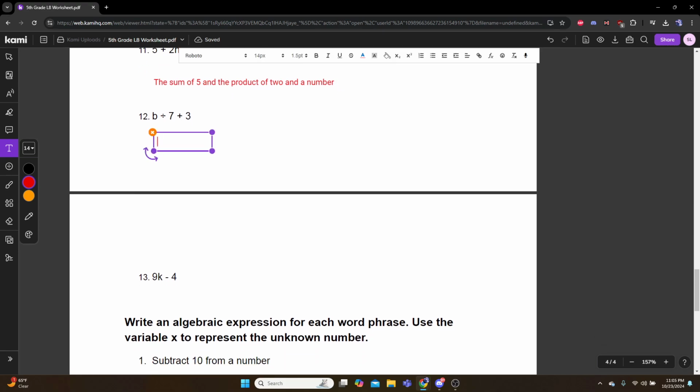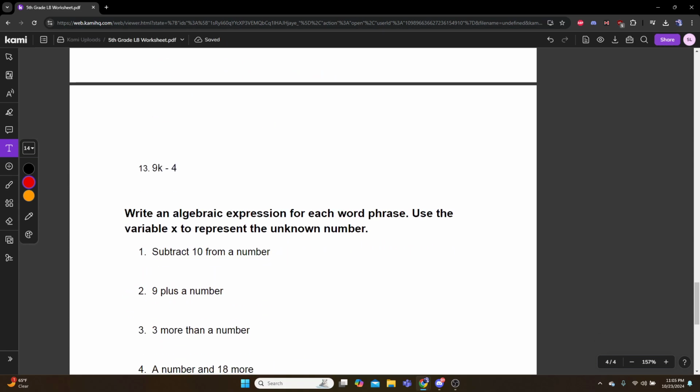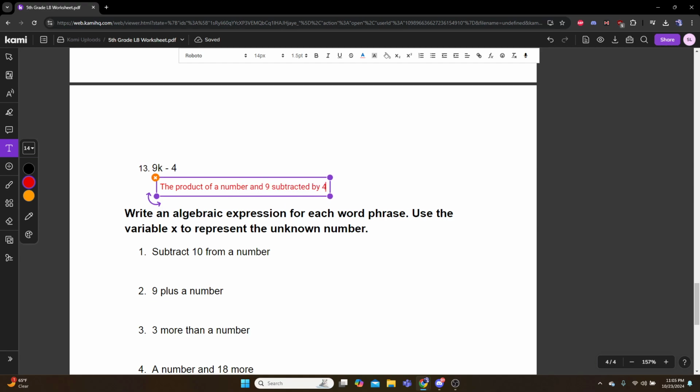Here, b divided by 7 plus 3, then a number divided by 7 added to 3. So 9k minus 4 is the same thing as 9 times k, so the product of a number and 9 subtracted by 4.